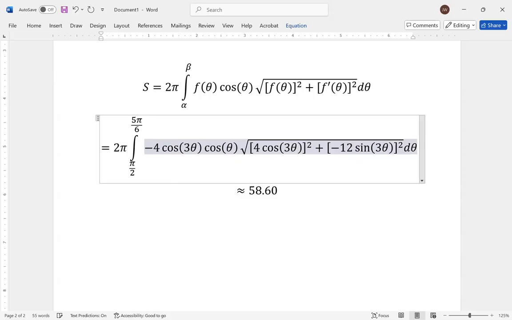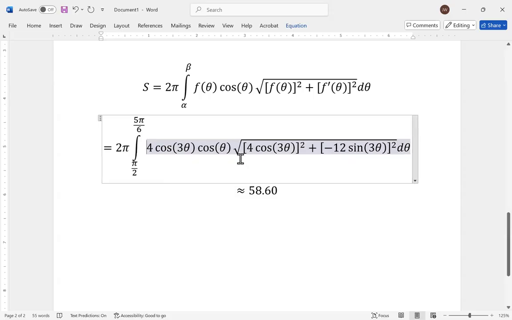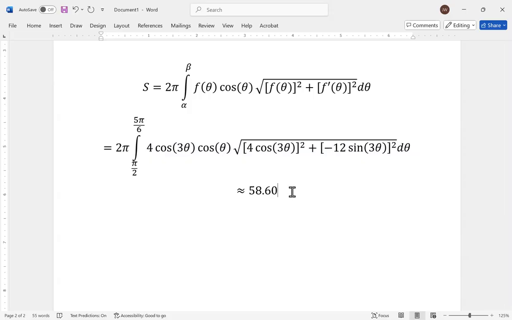Therefore, I should have put technically a negative there. Hopefully, we're all smart enough to see that what we should have gotten for a surface area was a positive 58.60, which again, I don't know if that's a nice or a messy looking exact value. When I divided by pi, it didn't give me anything interesting, but there you go.